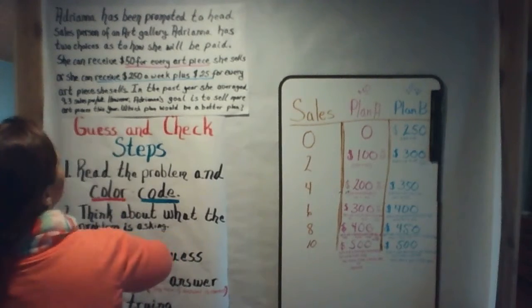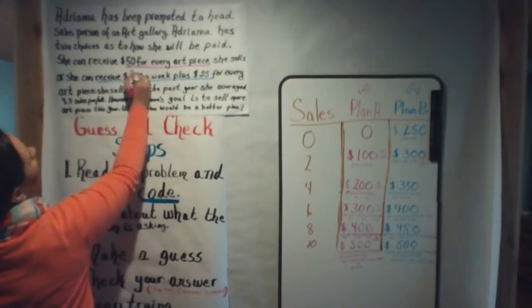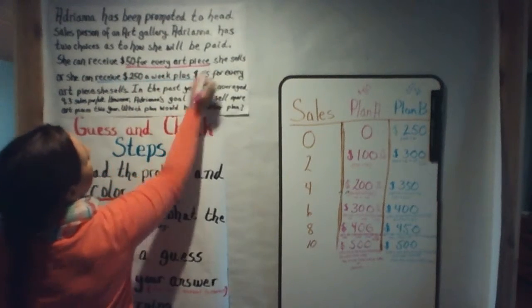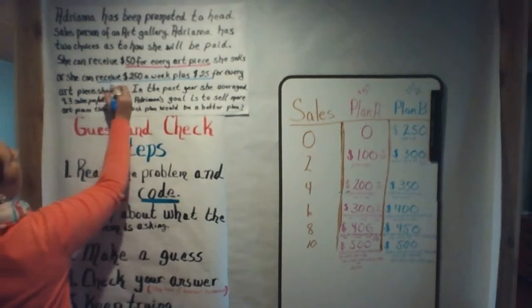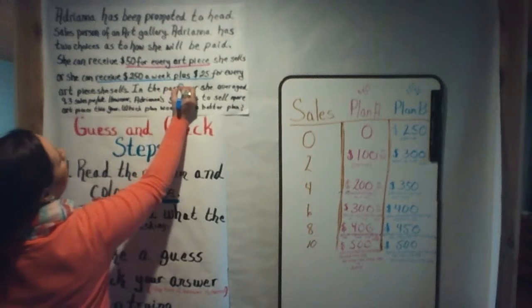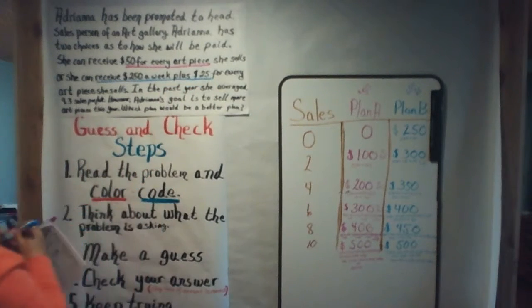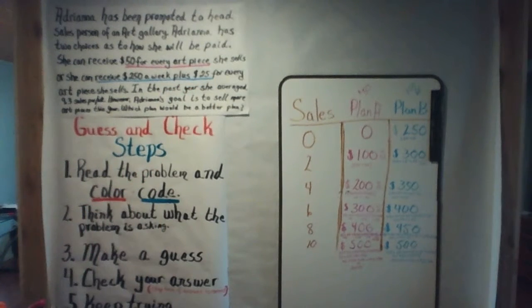She can receive $50 for every art piece, or she can receive $250 a week plus an additional $25 for every art piece. Now they're asking you which would be a better plan?